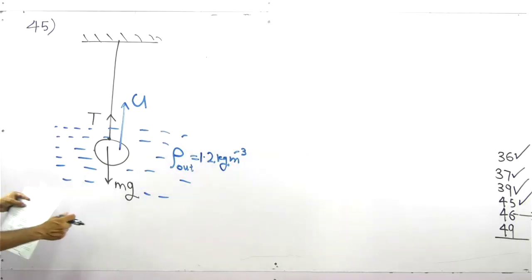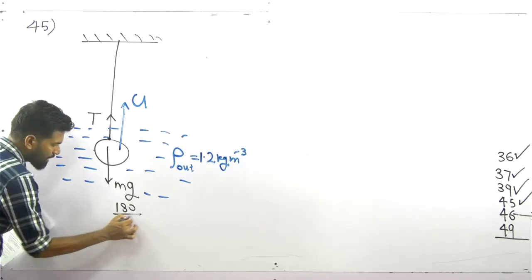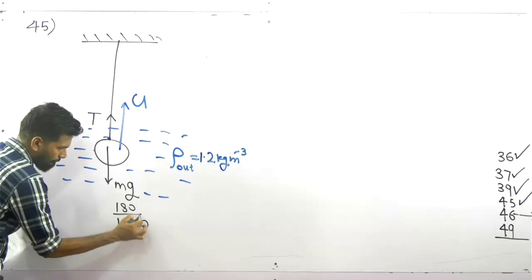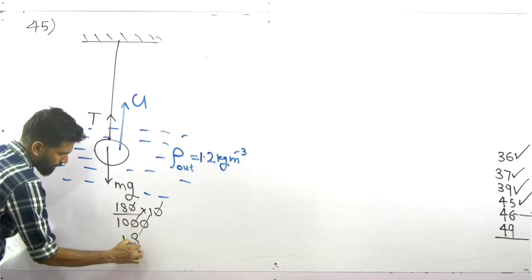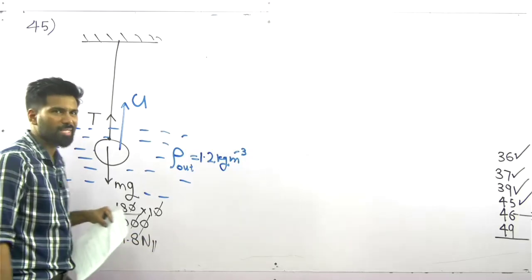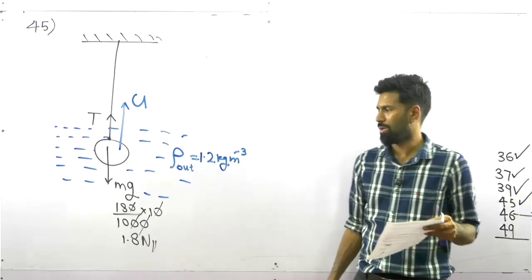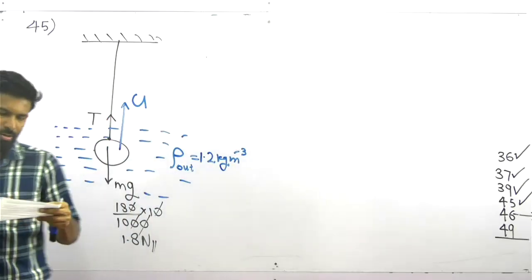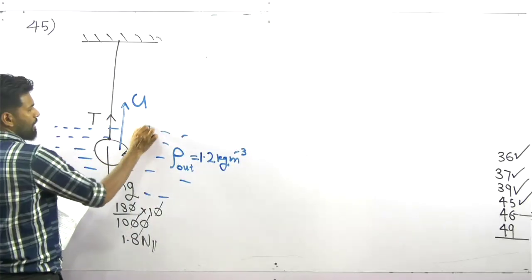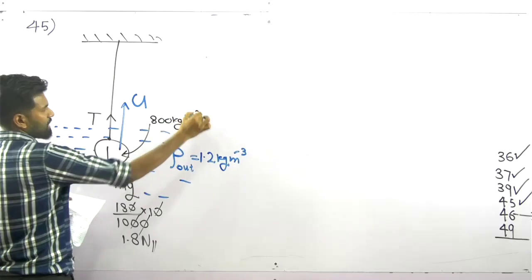Here, the mass of the object is 180 divided by 1000 kilograms, multiplied by g which is 10. Weight is equal to 1.8 newtons. And the material density is 800.